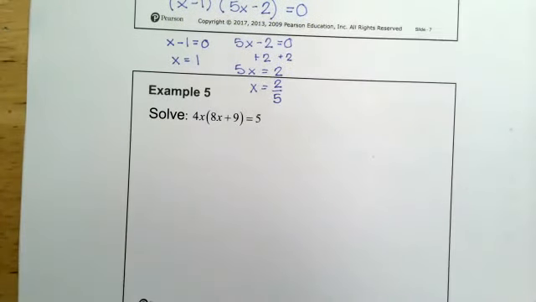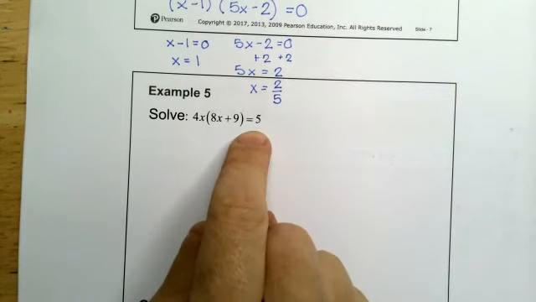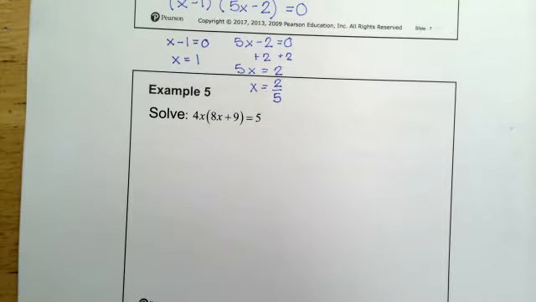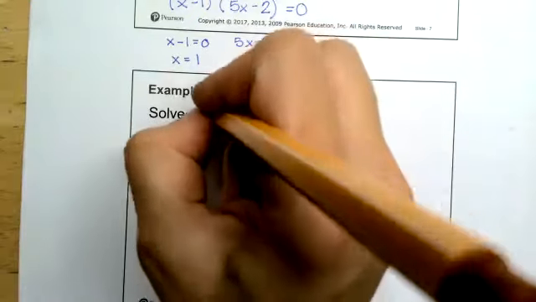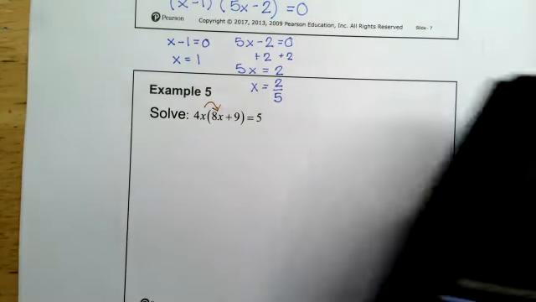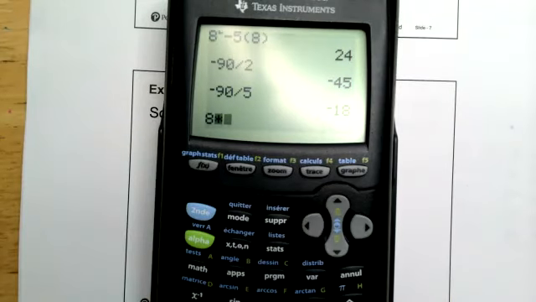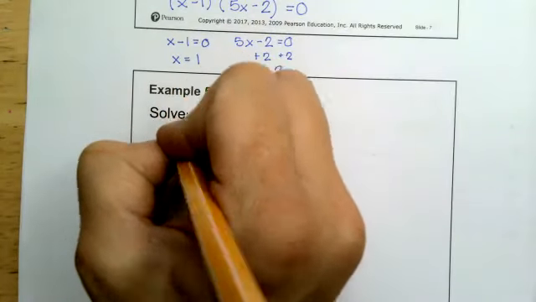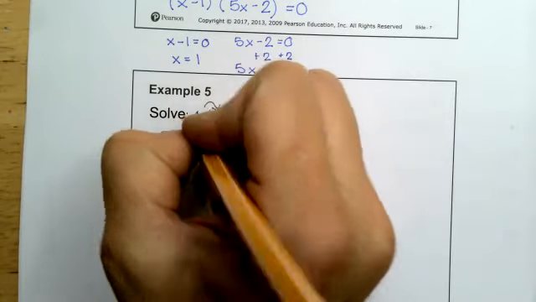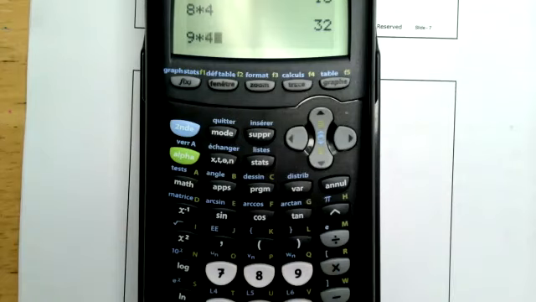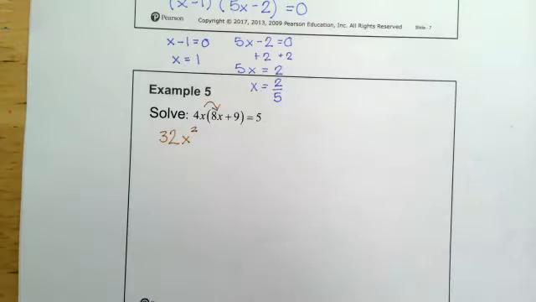Example 5 looks a lot like example 4 in that we have parentheses, but it's not set equal to 0. So we are going to distribute the 4x as our first step. We're going to put it into standard form. 4x times 8x. 4 times 8 is 32, right? x times x is x squared. 4x times a 9, so 4 times 9 is 36.